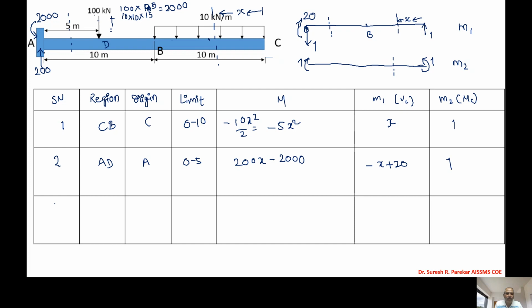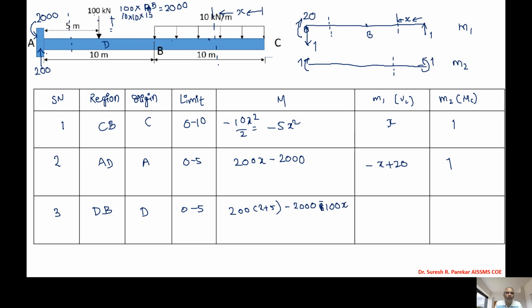Then we have the third, which will be DB. Origin will be D. Then we have 0 to 5. And then we have from this 200 into x plus 5, minus 2000, and then minus 100 into x.